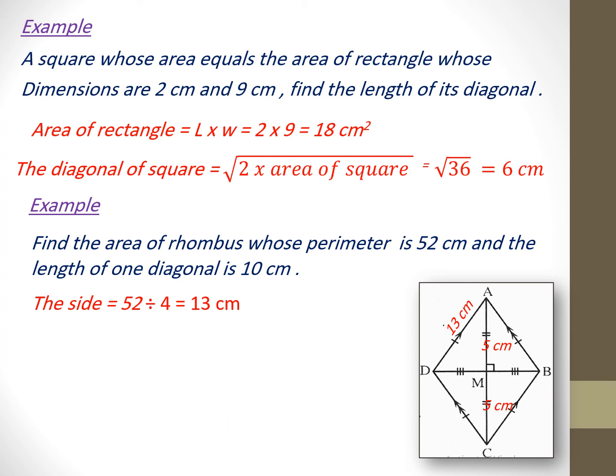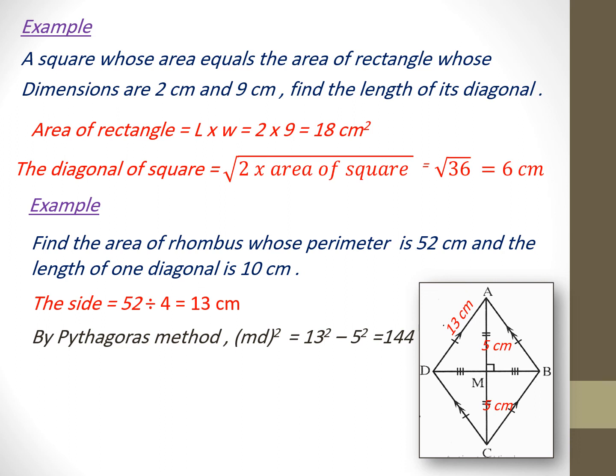We can use the Pythagorean theorem to find half of the second diagonal, MD. MD squared equals the hypotenuse squared minus the side squared, 13 squared minus 5 squared equals 144.